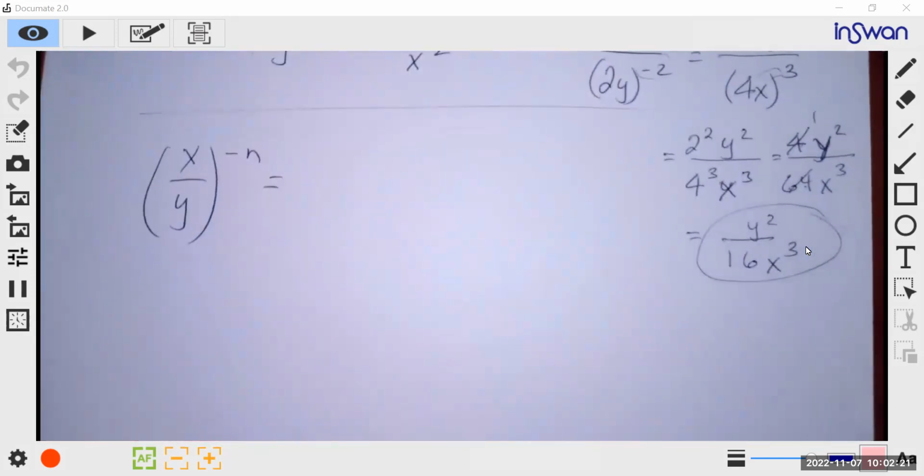What if the negative exponent was for an entire fraction? What would you do there?